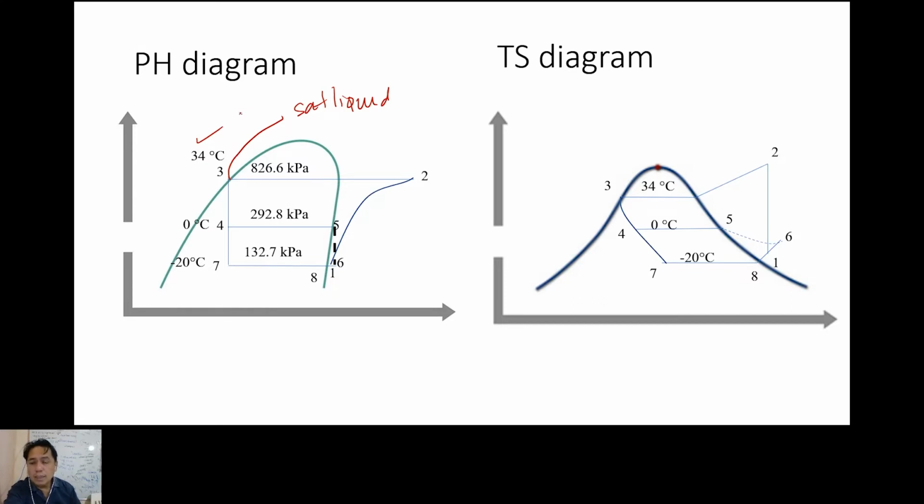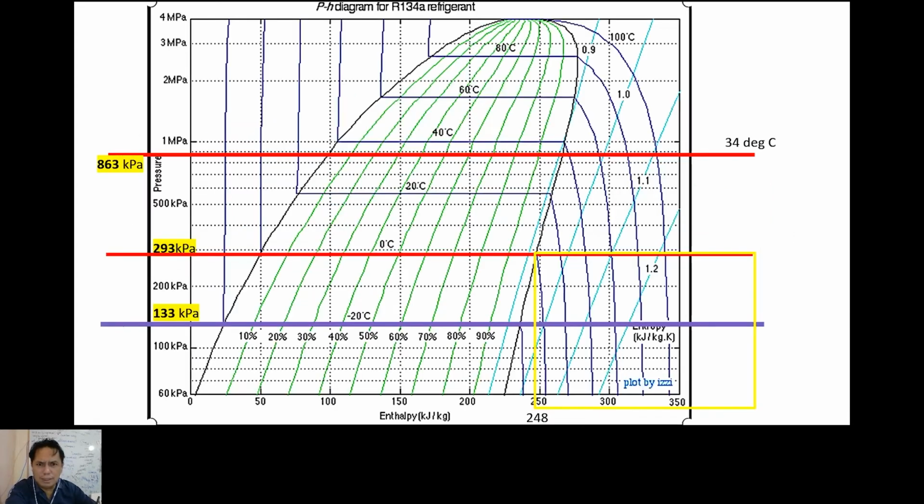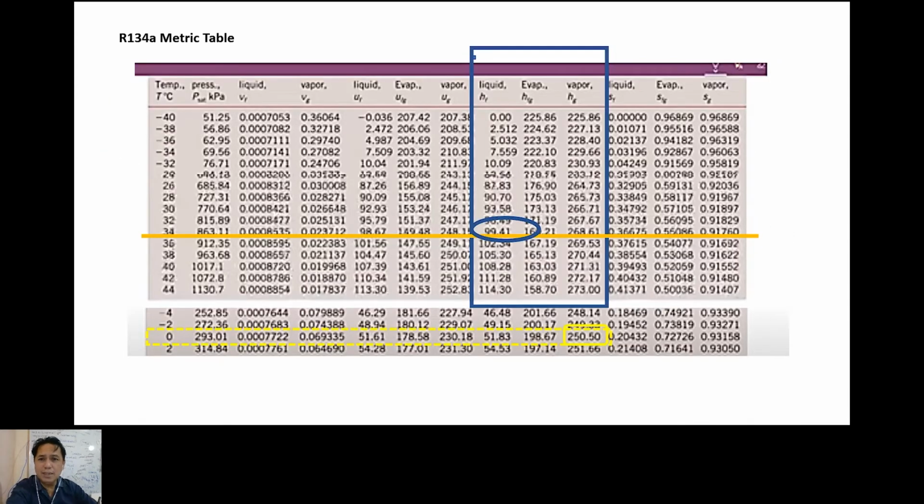Now, the other points that are easily plotted are 5 and 8. How do you know this? Because this is saturated vapor, and 8 is also saturated vapor. How do you know they are saturated vapor? Because it is given in the problem.